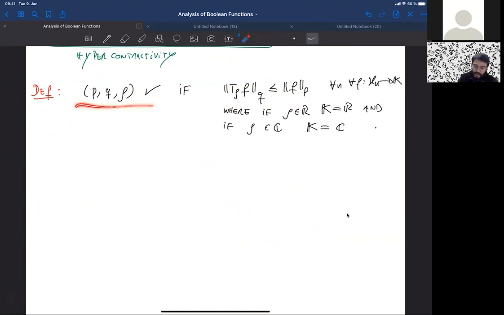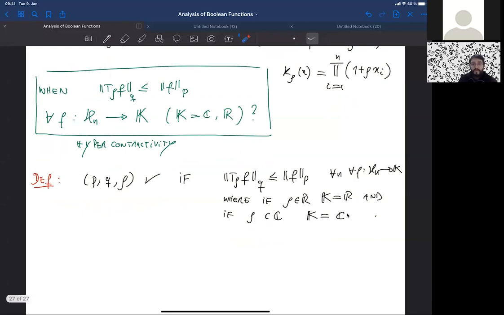So we use this notation. So (p, q, ρ) means we have that.